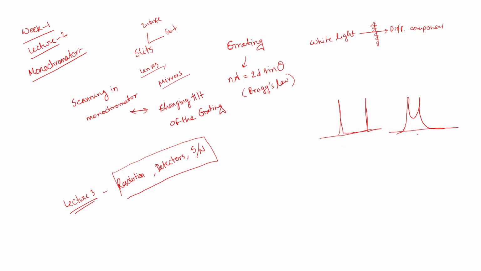The scale is the same. Suppose this is lambda 1, lambda 2. What is a better resolved spectrum here? The second one is the better result. Why? Both spectra are actually overlapping, meaning you have an overlap between lambda 1 and lambda 2.